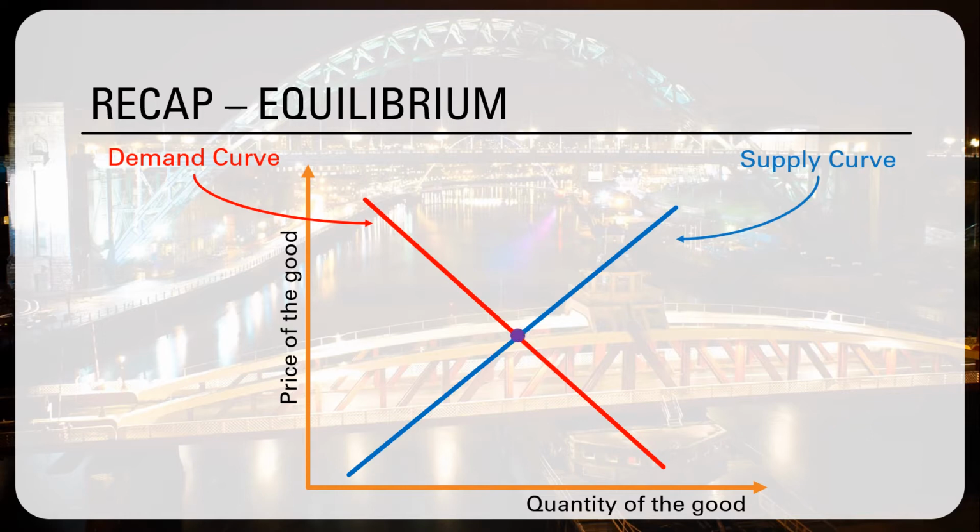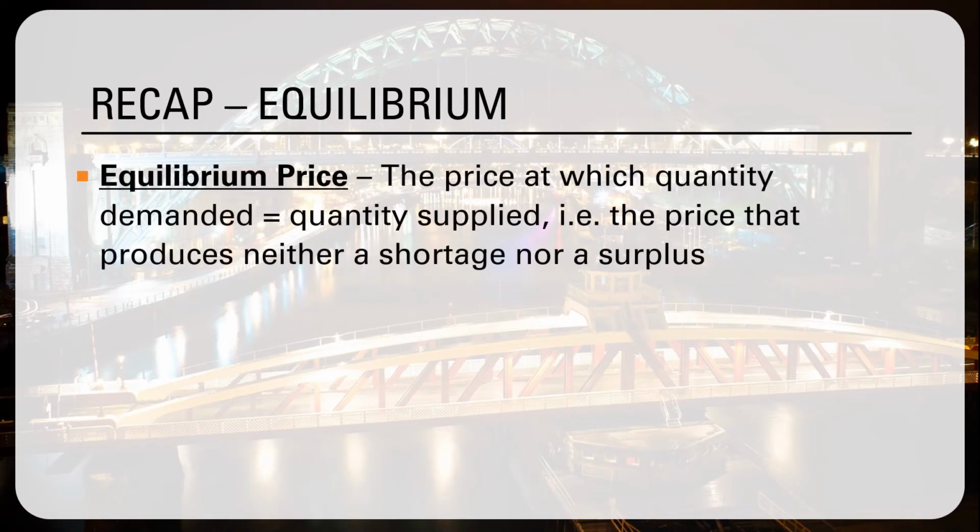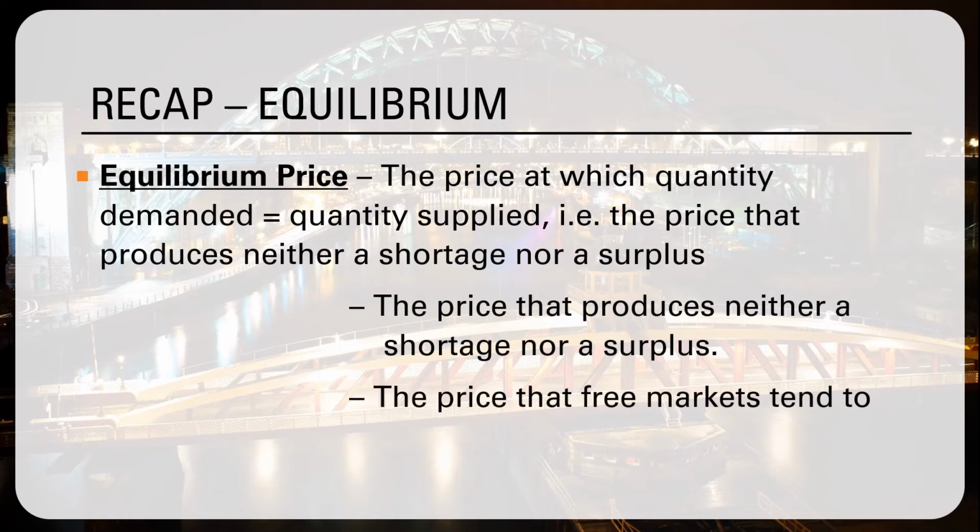The intersection point between these two, as we've already discussed, is what we call the equilibrium point. The price at the equilibrium point is the equilibrium price, and the quantity at the equilibrium point is the equilibrium quantity. We've got these definitions before. The equilibrium price is the price at which quantity demanded equals quantity supplied.